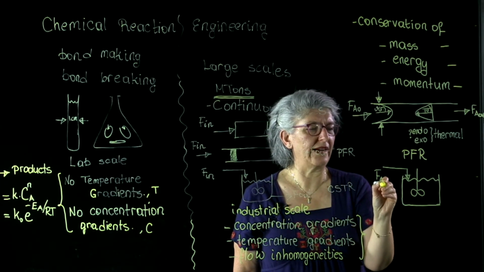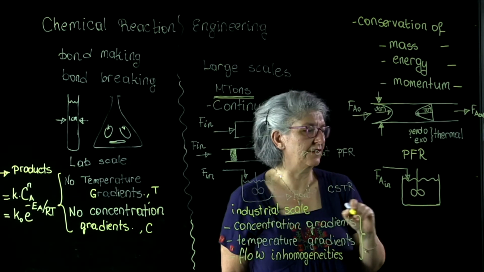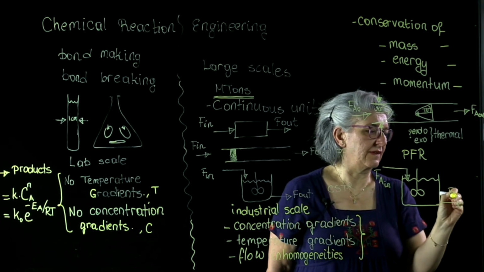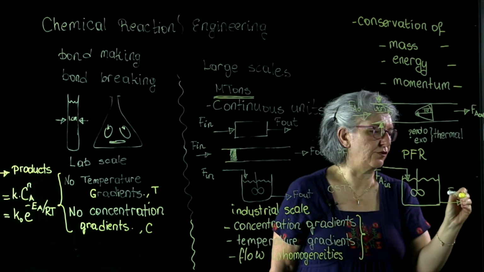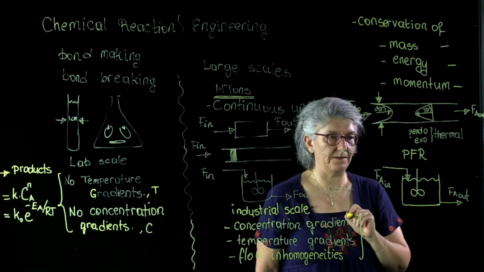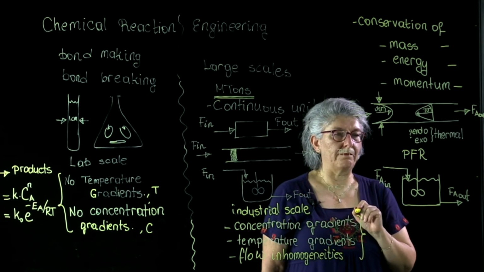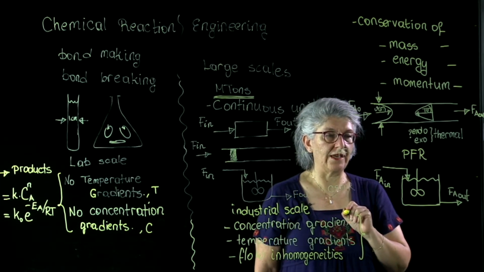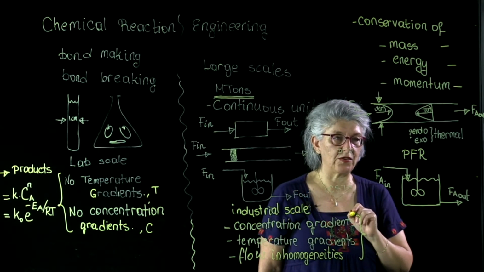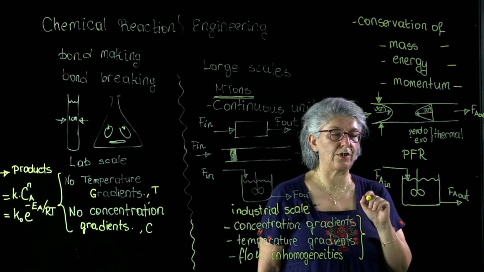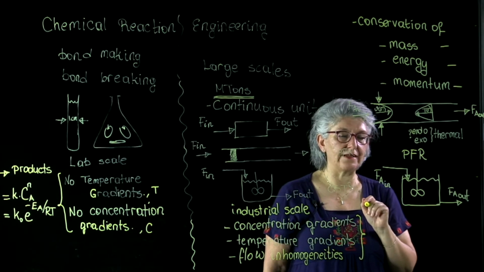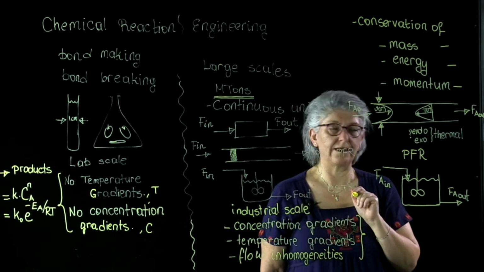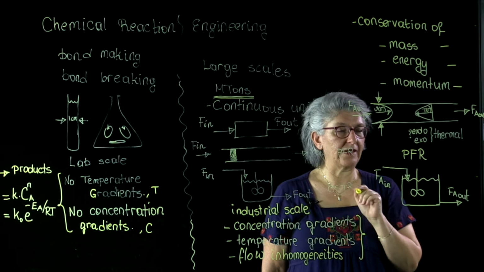Our hypothetical reactant A enters. Unconverted ones leave. But if our reactor has imperfections in terms of heat transfer, imperfections in terms of mixing, we might end up losing our uniformity assumptions. Now let's see what can happen.